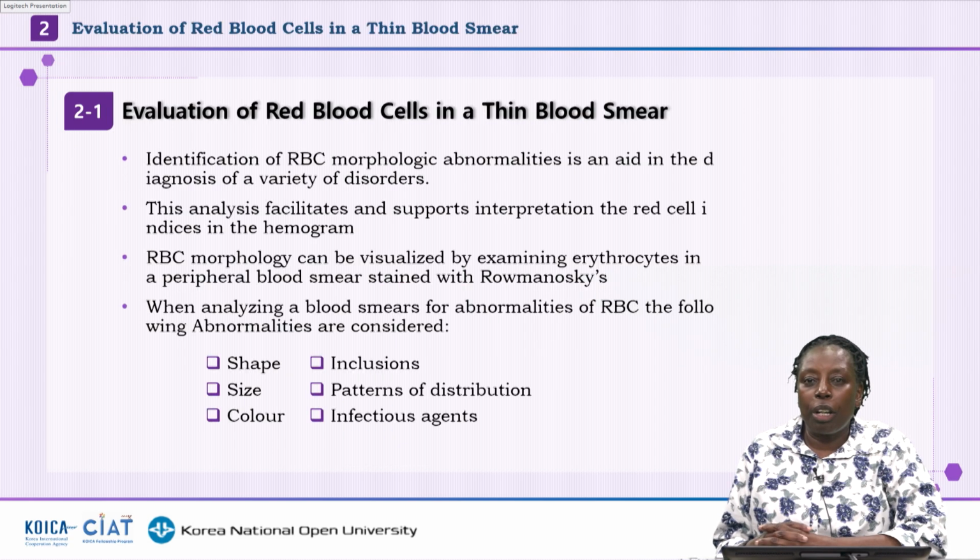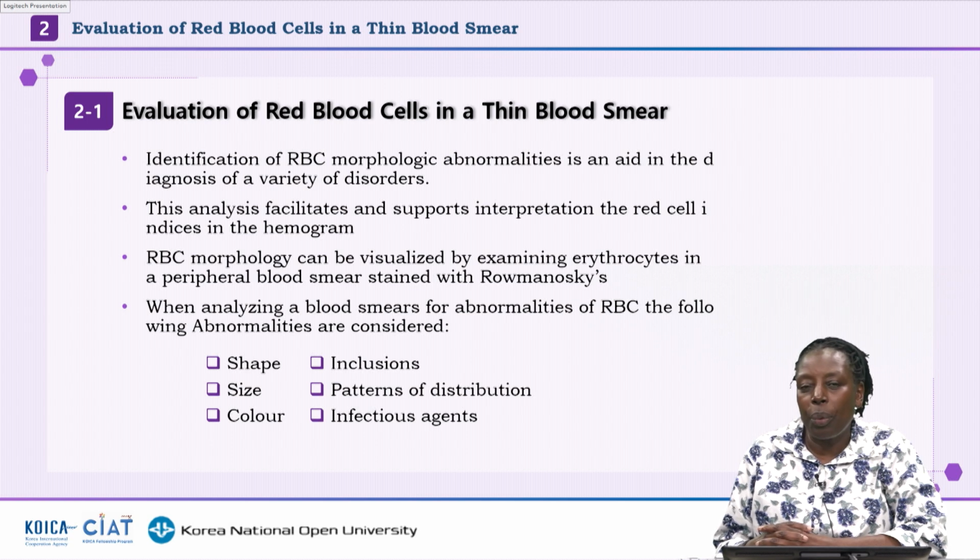The evaluation of red blood cells in a thin smear. It's important that we evaluate the red blood cells during the analysis of a thin smear because it's going to tell us some abnormalities that will help us diagnose a variety of disorders.